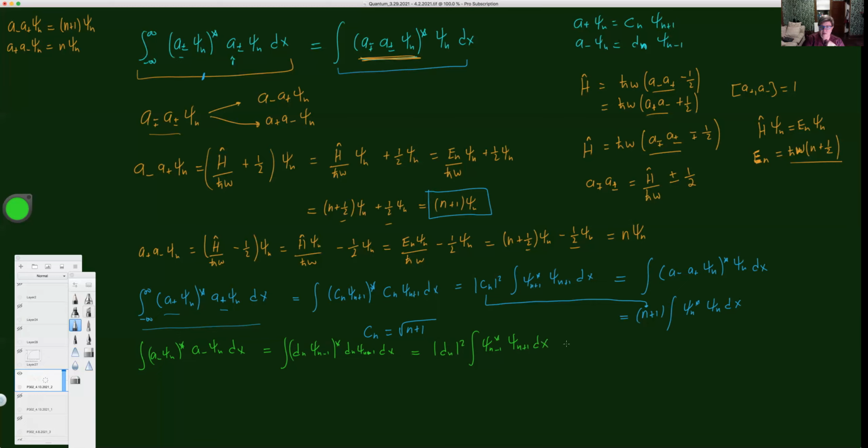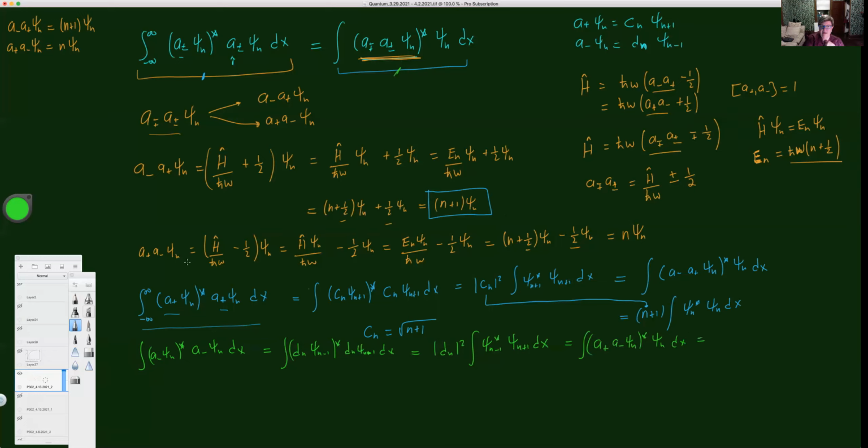And then we can use the other side again, just like we did last time. This is going to be the integral of a plus, we're using the bottom sign, a minus psi n, all star psi n dx.